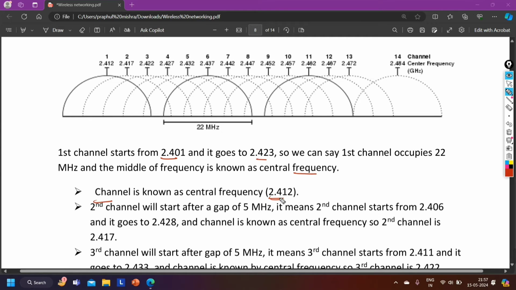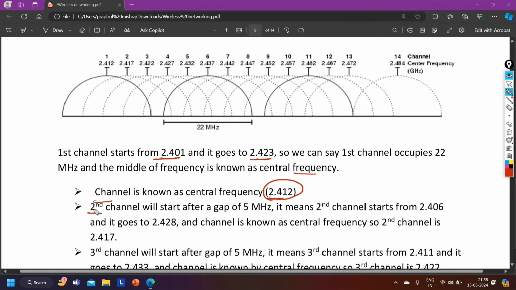This is central frequency. If someone asks you what is the frequency of channel 1, it is 2.412. Why? Because channel 1 starts from 2.401 and it goes to 2.423, and the central frequency is known as channel. So central frequency is 2.412, right?